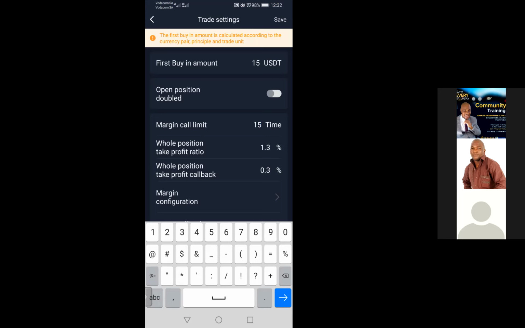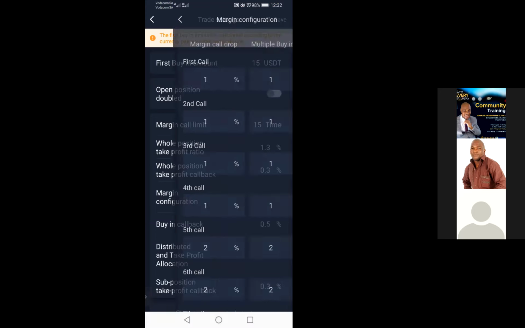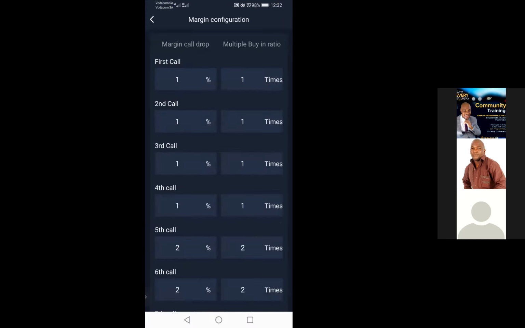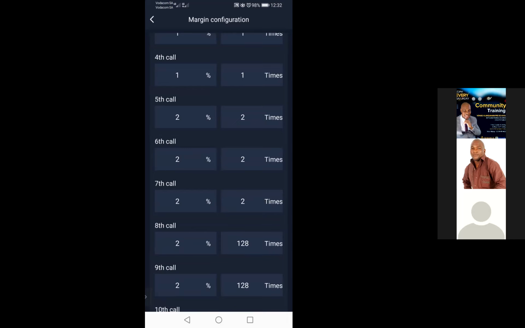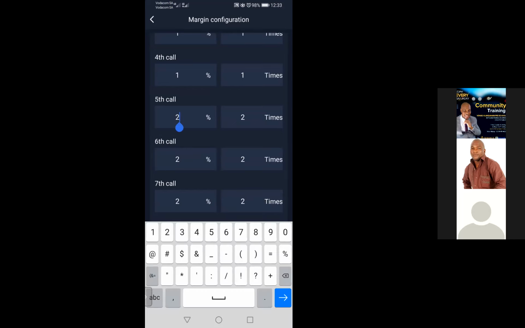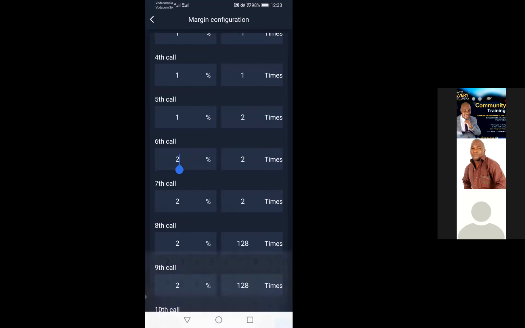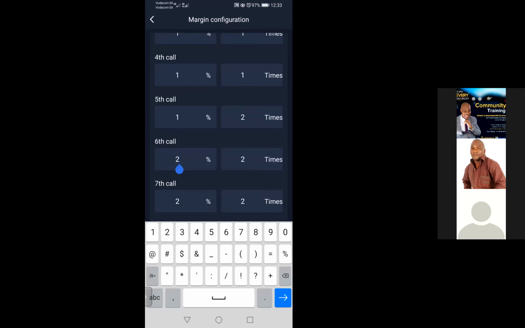Now let's click on margin configuration. You see, we know already call number 1 to call number 4 have already been taken by the bot. We are happy with that. Now we start working from call number 5 going down. So call number 5 is going to be 1%. And then call number 6 is 1.5, 7 is 1.8.